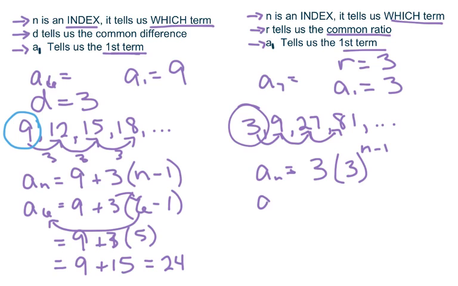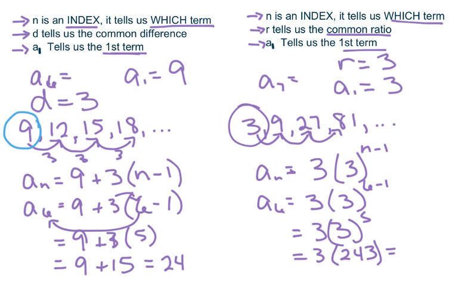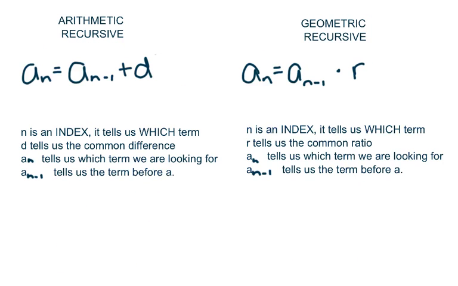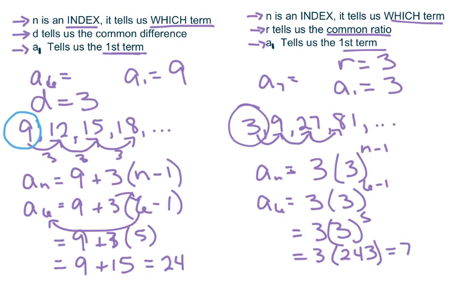Let's say I'm looking for the sixth term here. I'm going to do 3 times 3 raised to the 6 minus 1. 3 times 3 raised to the 5th. 3 times 243, which gives me 729.